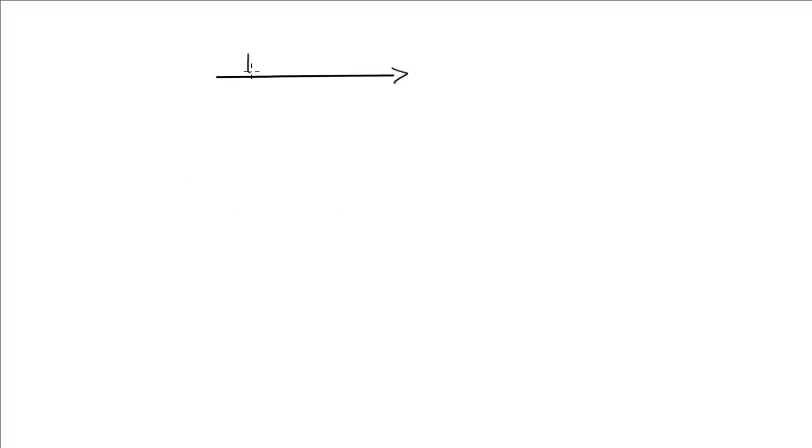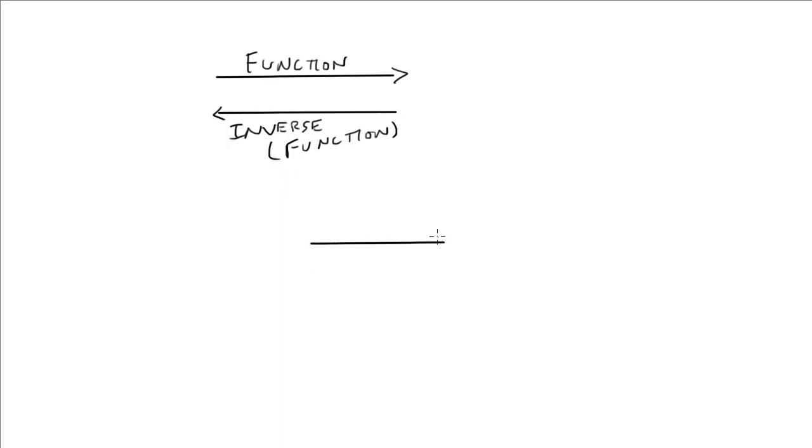Anything you can do, you can undo. The undo is called the inverse. The inverse function, sometimes. Mostly it's never a function. Let's look at our elementary functions and look at their inverses. We have the exponential function and its inverse, the natural log function.